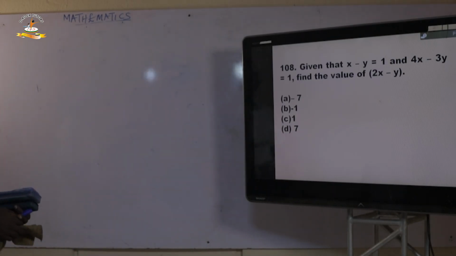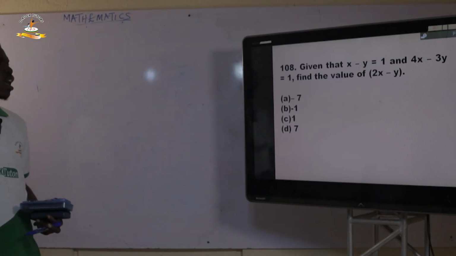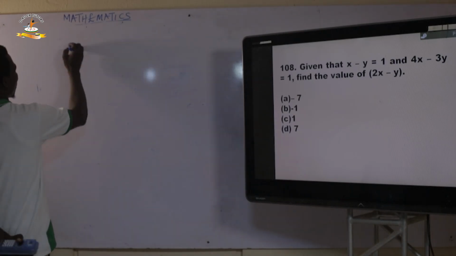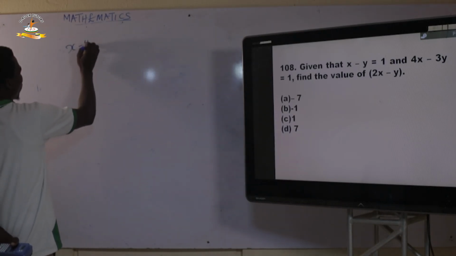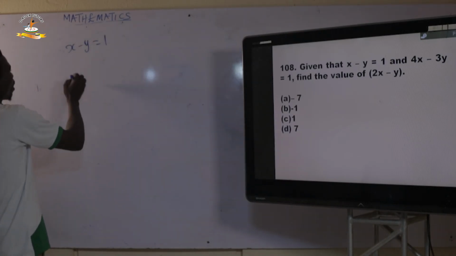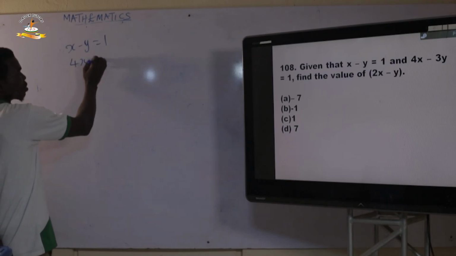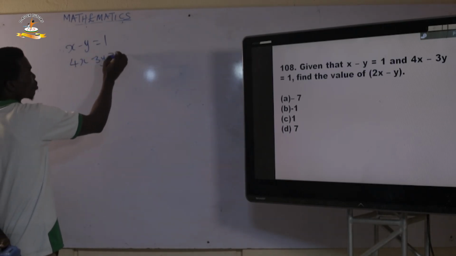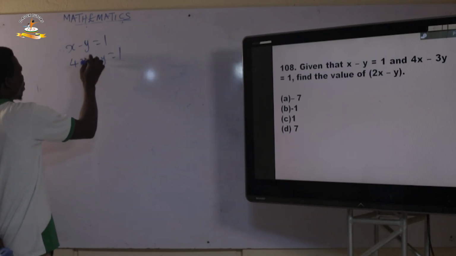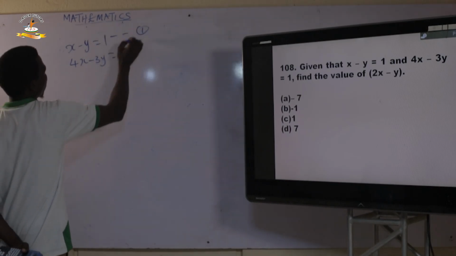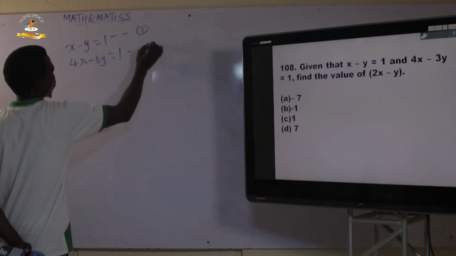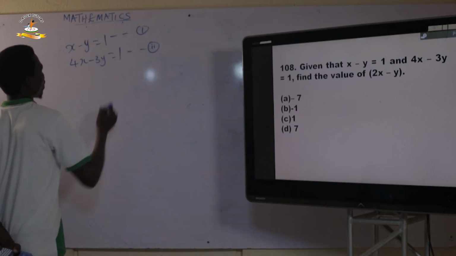So we have that, given that x minus y equals 1 and 4x minus 3y still equals 1. So we call this equation 1, equation 2, and we can solve 1 and 2 simultaneously.